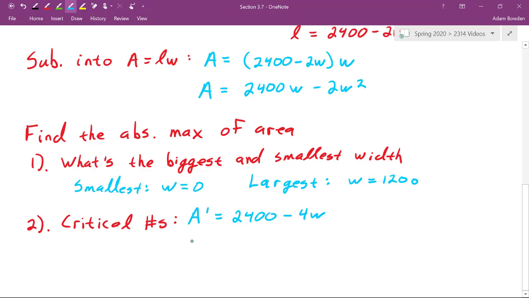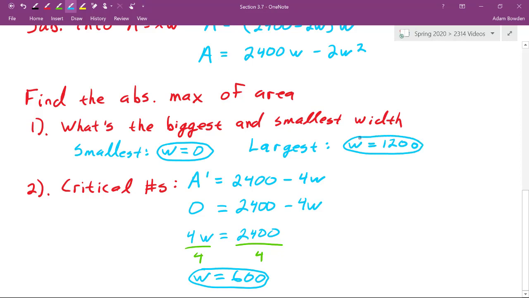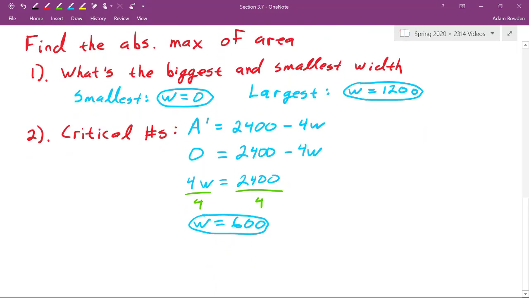Again, we set this to 0 to solve for W. So we have 4W is equal to 2,400, and when we divide out the 4, we get W is equal to 600. So we have three numbers to check to see which one yields the maximum amount of area. Which measurement for width would give us that maximum area? It becomes just a check of plugging the numbers in for W.